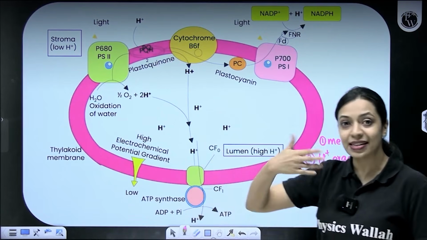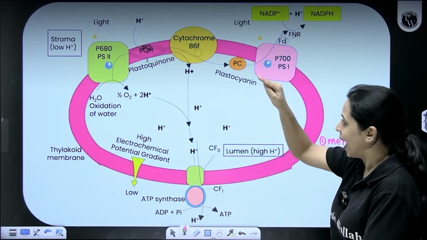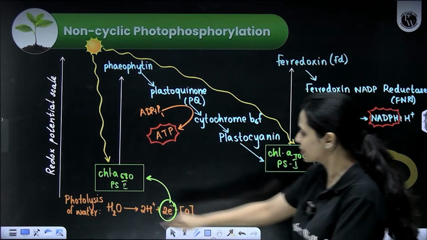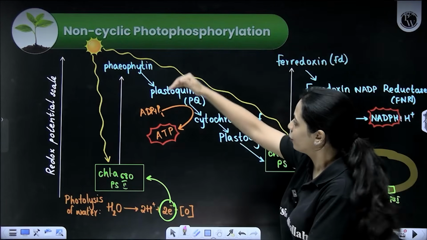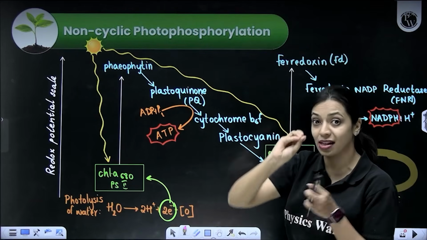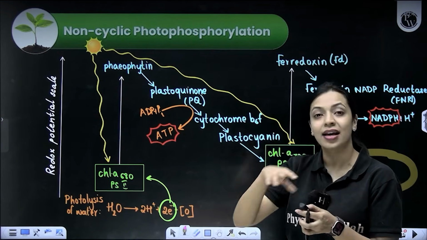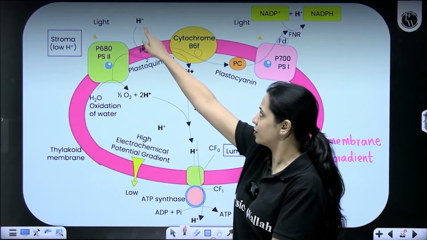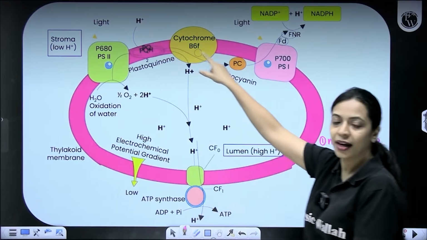Whatever energy is liberated as redox reactions are happening, see, look here. This is the redox potential scale. From high energy to low energy, when electron carriers are picking up electrons, some amount of energy will be lost, right? That energy is used for pumping protons from the stroma side into the lumen side.